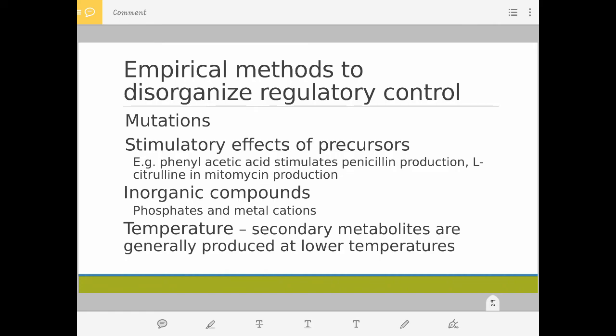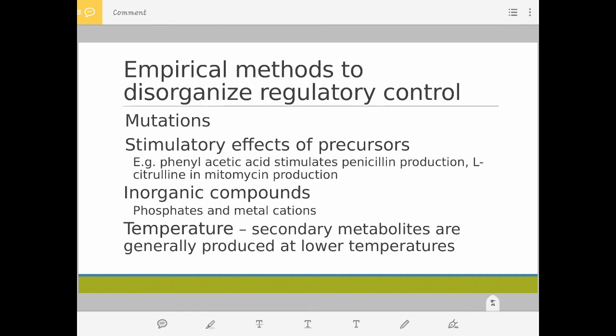As I said, you can deprive the enzyme of its cofactors, therefore destroying its catalytic ability, or even change the temperature. For example, secondary metabolites are generally produced at lower temperature. So if you want to overproduce secondary metabolites, you do the fermentation at lower temperatures. So that's some derangement methods for metabolic control.